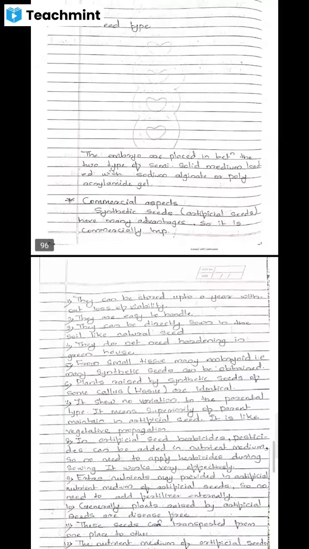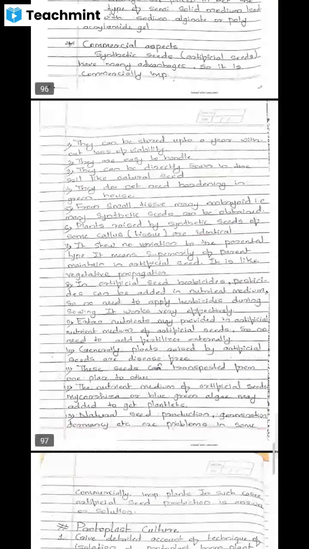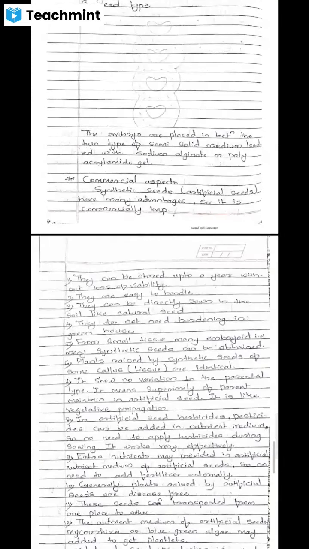Then the commercial aspects of these artificial seeds. Commercially these seeds are very important because we can easily store them for years without loss of viability.